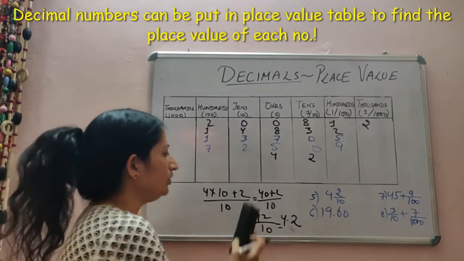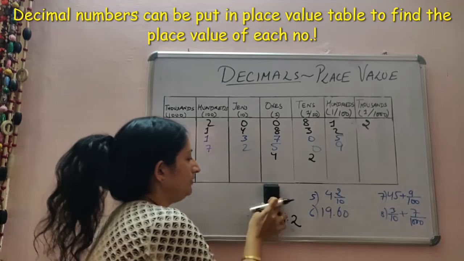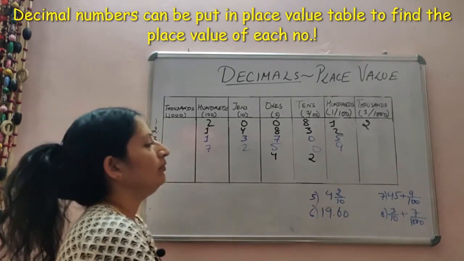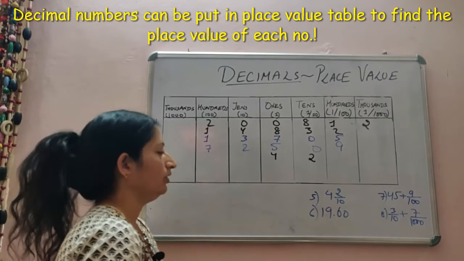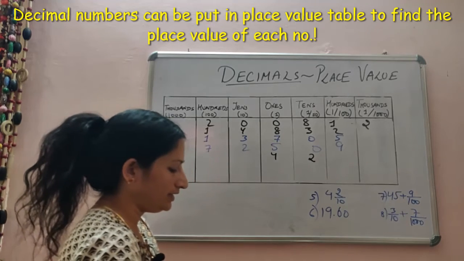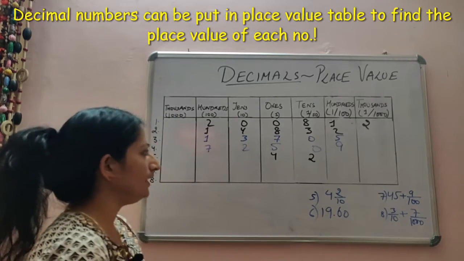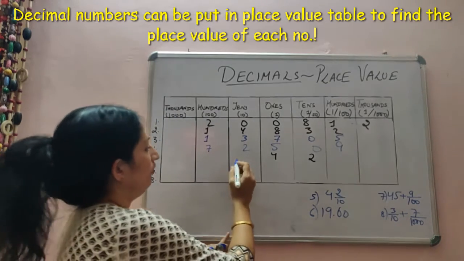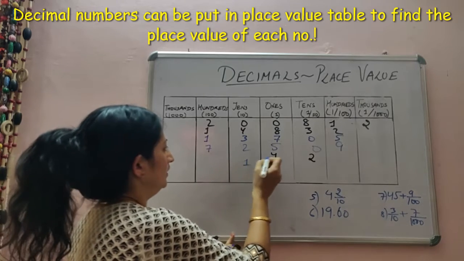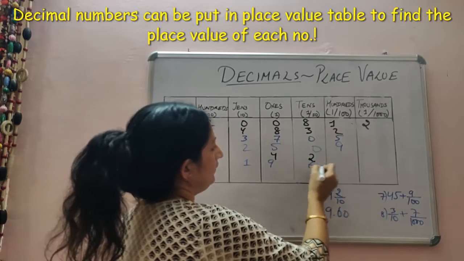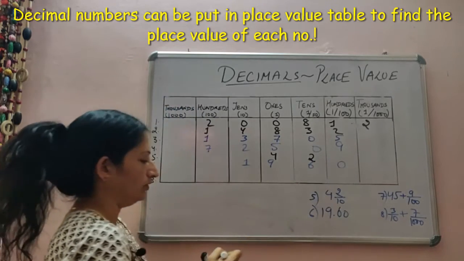Now let's come to the next number, which is 19.60. It can be written here easily as 1, then 9, then in the decimal part we have 6 and then 0.